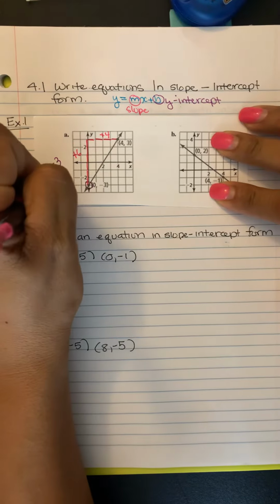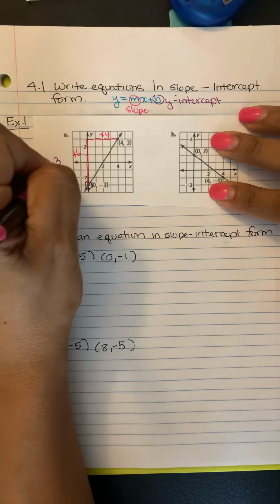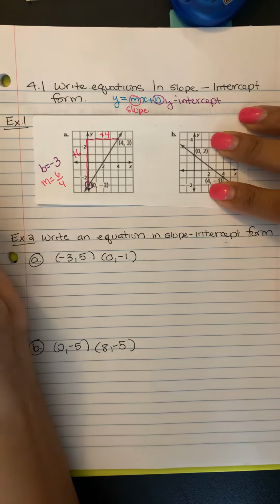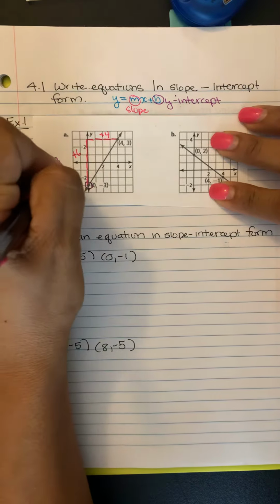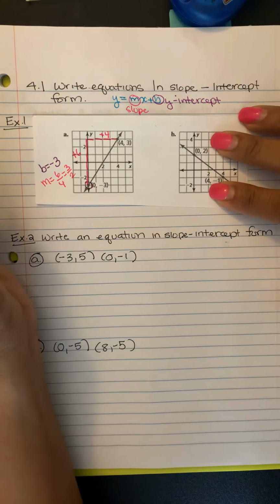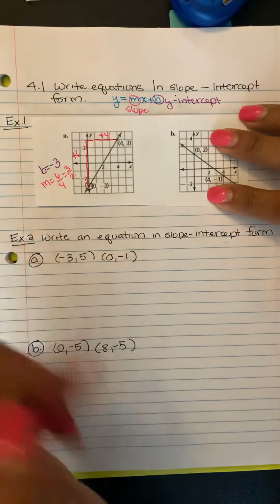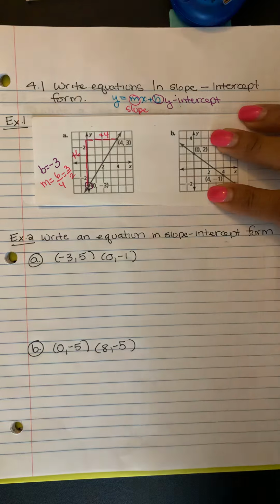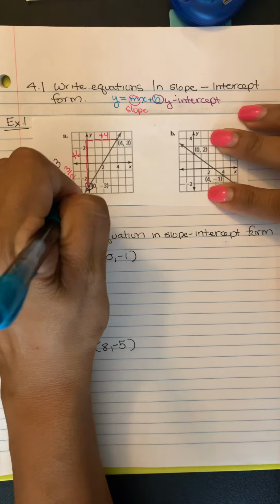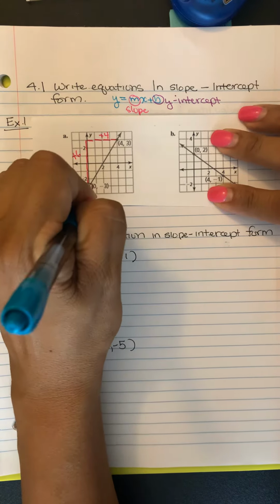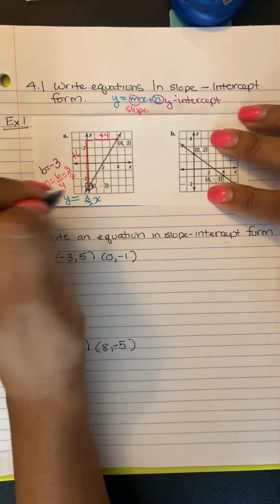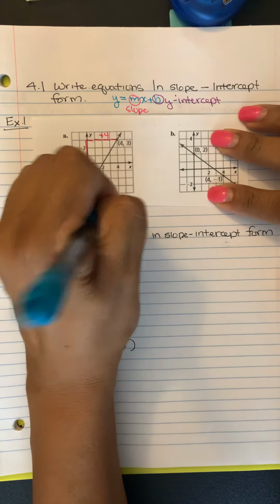So remember, slope is rise over run, and if you can simplify, please simplify, and it comes out to 3/2. So when I put this together in slope-intercept form, this is what my final answer is going to look like. y equals 3/2x minus 3.